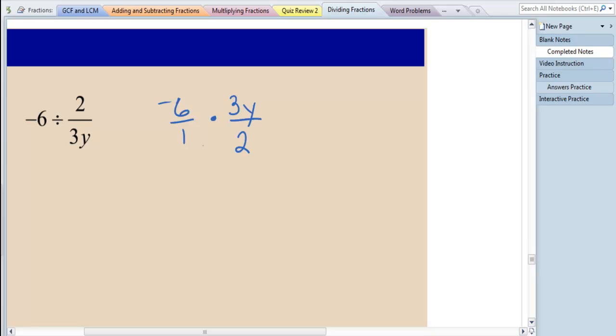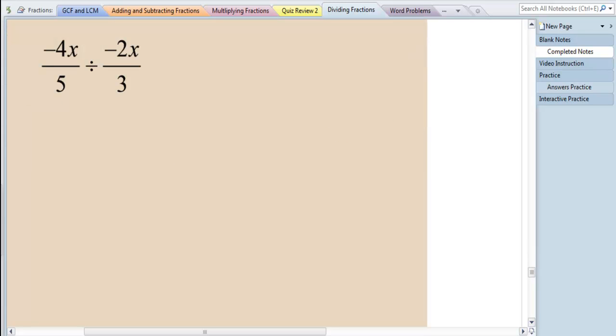So keep, change, reciprocal. Now that I have a multiplication problem, I can complete it like I did before by cross-canceling anywhere that that's possible. And then I multiply numerator times numerator. -3 times 3 is -9y. And 1 times 1 is 1, so that equals -9y.